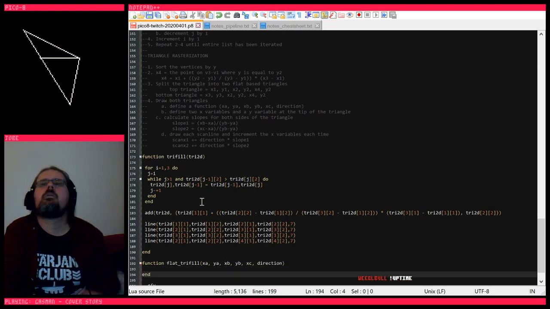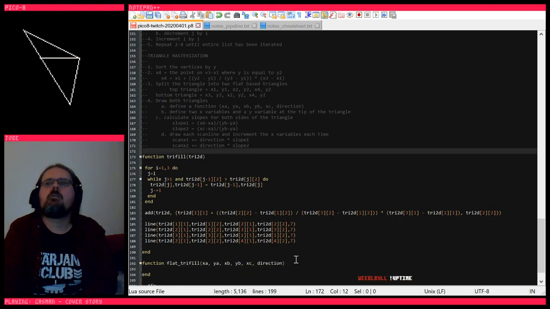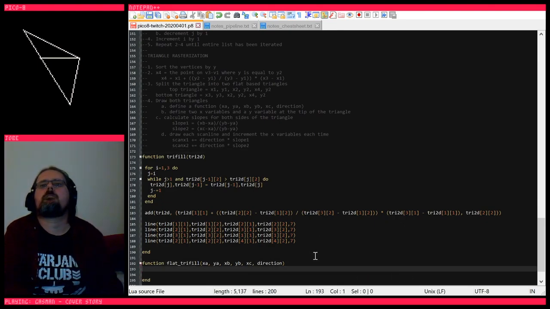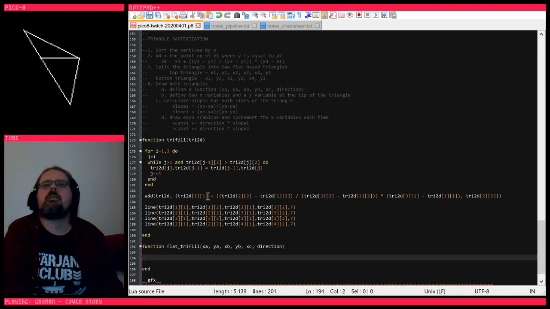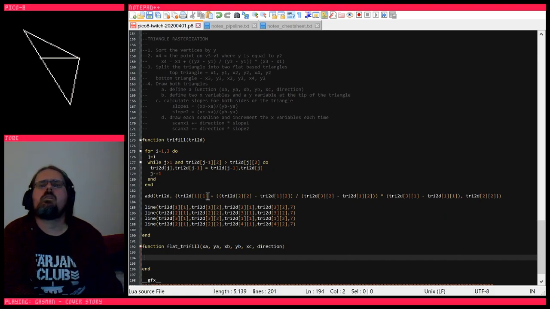Now we'll start by defining the scan line that's going to draw this. So we're going to start at the edge. So we're defining two x variables and a y variable. Every time it does a pass, it's going to draw a line on y between those x values. So all of them are just going to be the edge that we're starting from.